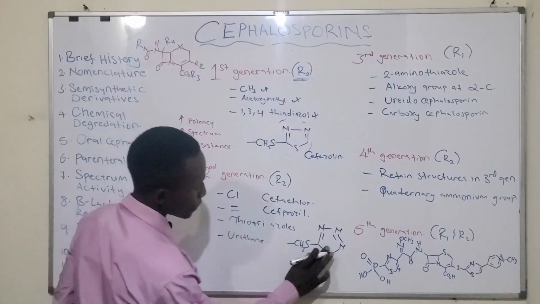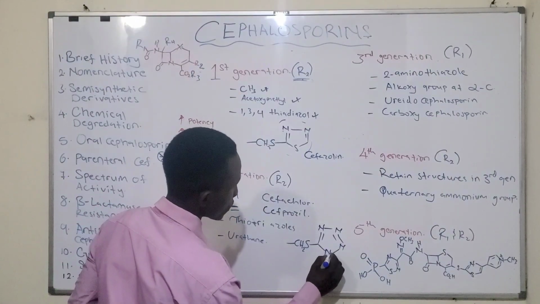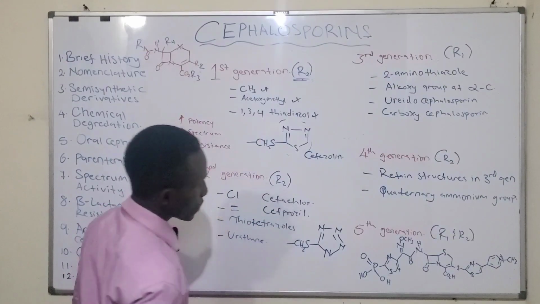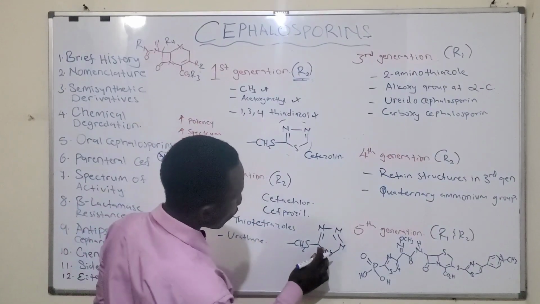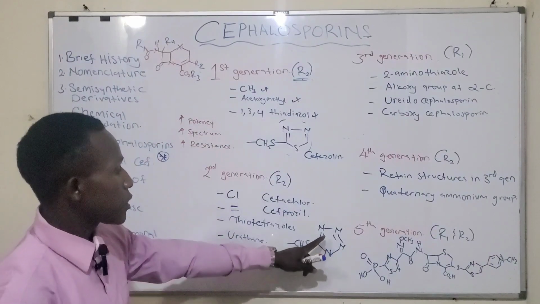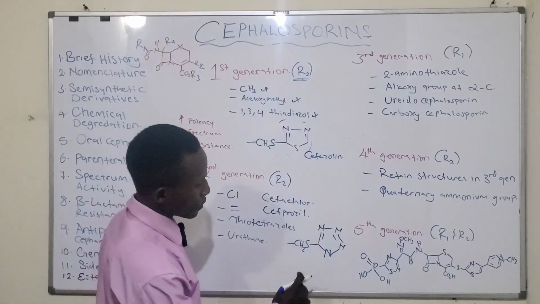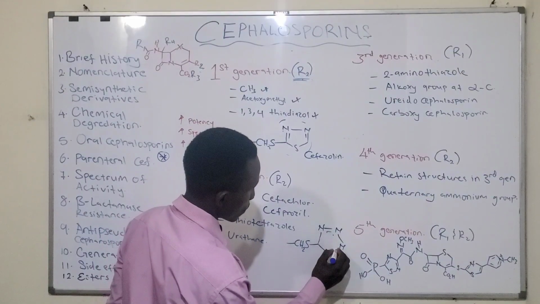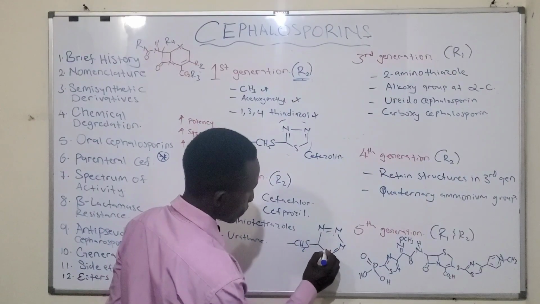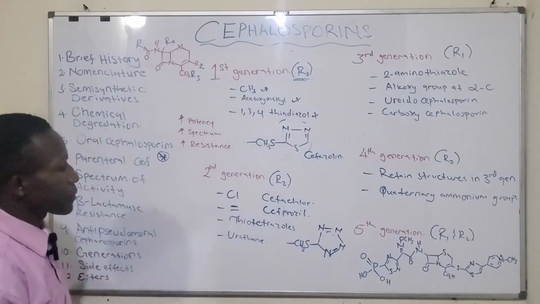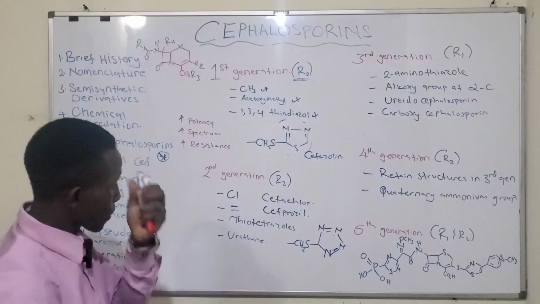Oh, they are tetrazoles. The thiotetrazoles, they have 4 nitrogen atoms. So this one will be like that.